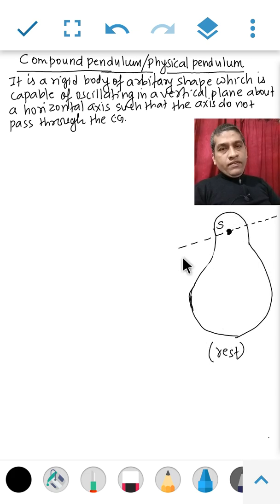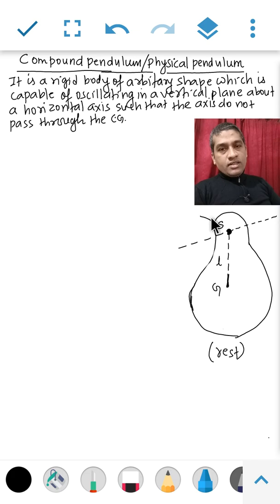So if the pendulum is at rest, then the center of gravity, and let us denote the center of gravity by the symbol G, lies directly below the point of suspension, and let this distance, that is SG, be L. Okay, so once again I repeat, if the pendulum is at rest, then the center of gravity lies directly below the point of suspension.